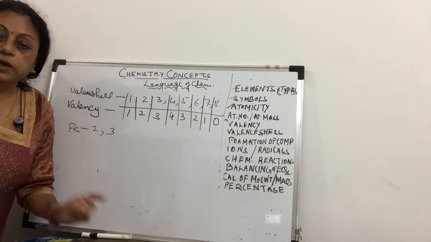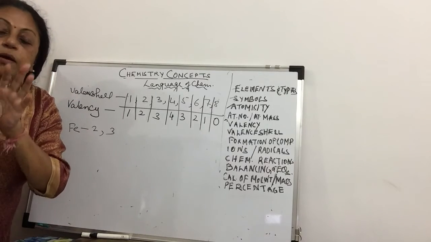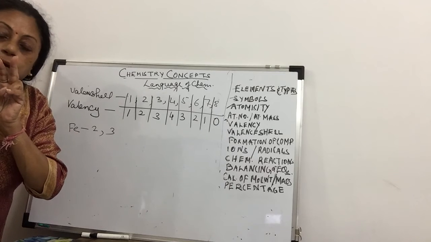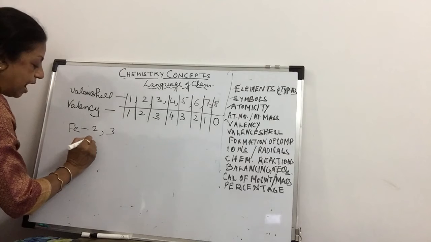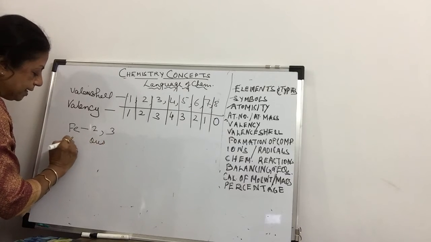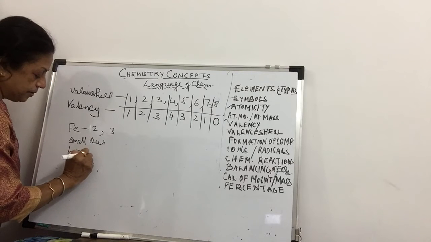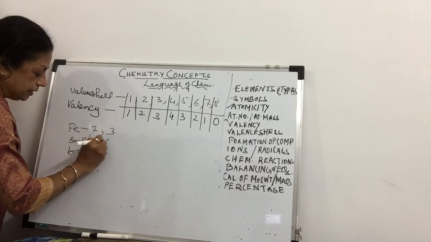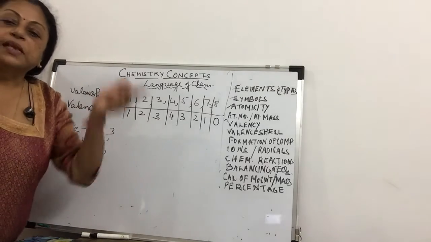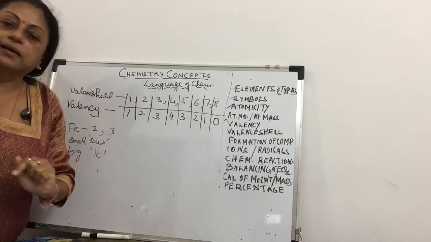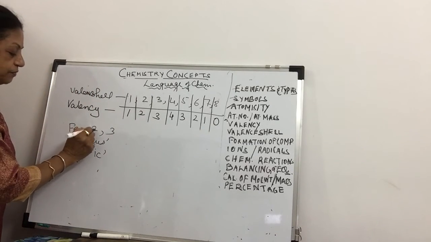A very important rule in naming the valency: if an element or an atom has got two valencies, the smaller one will have 'ous' and the bigger one 'ic'. Small 'ous', big 'ic'. Remember it this way. So for iron, 2 is small, so it is ferrous.